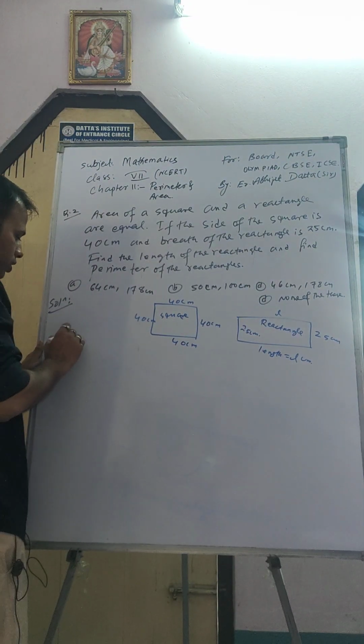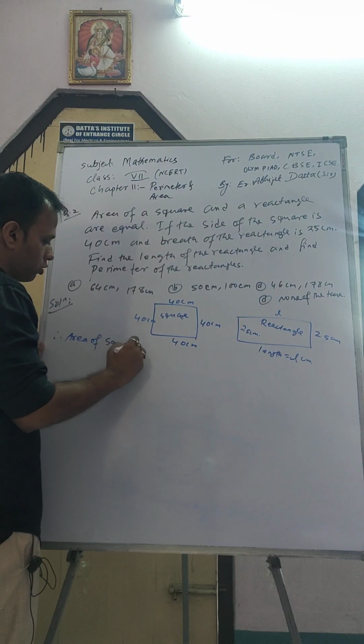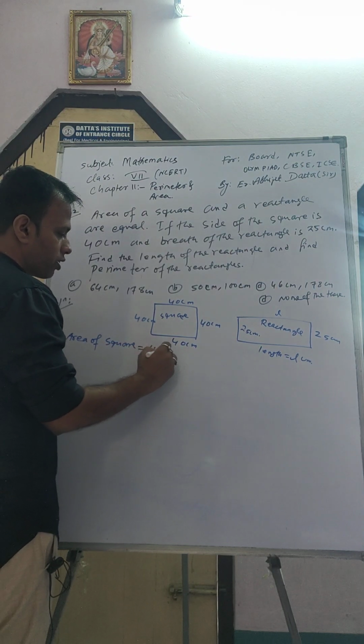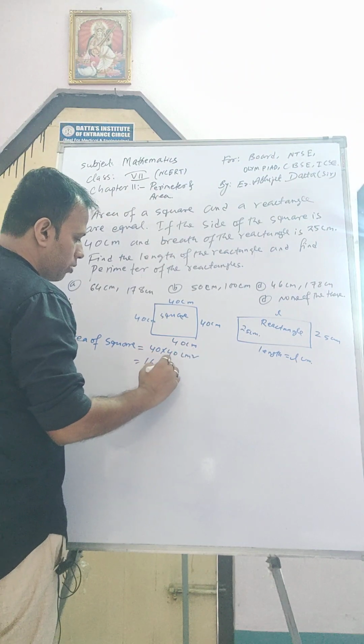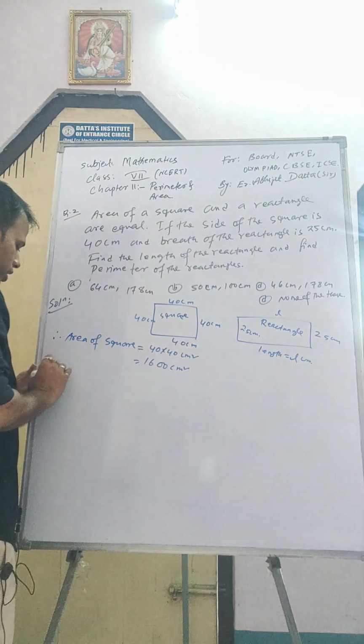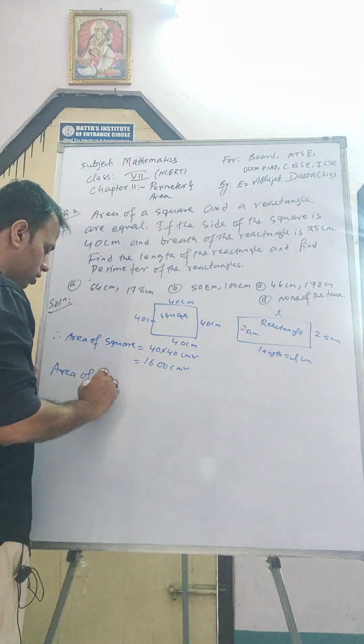So now area of square is what? Side square, that is 40 into 40 centimeter square, that is 1600 centimeter square. Okay, then area of rectangle is what, sir?